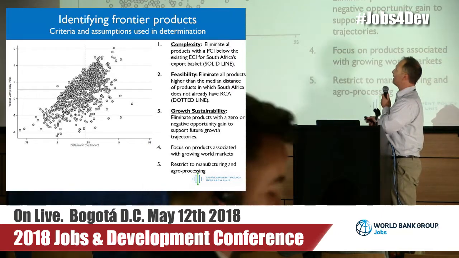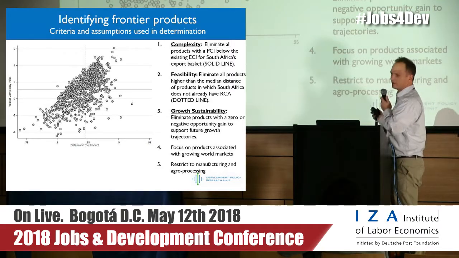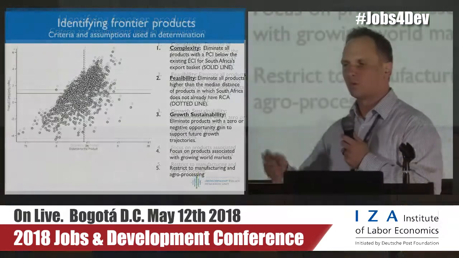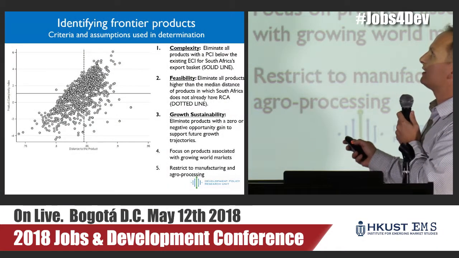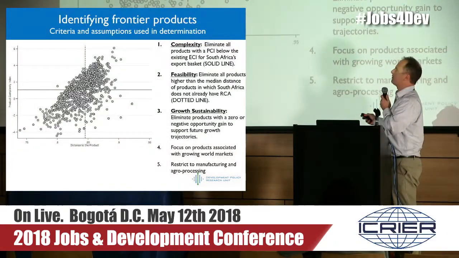The way that we select our frontier products is with a number of criteria. We think about complexity, and we want to grow complexity. So we look at products that have a greater product complexity than South Africa's average economic complexity. Any products above this horizontal solid line, we drop.